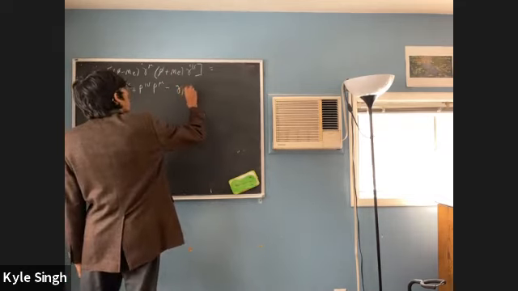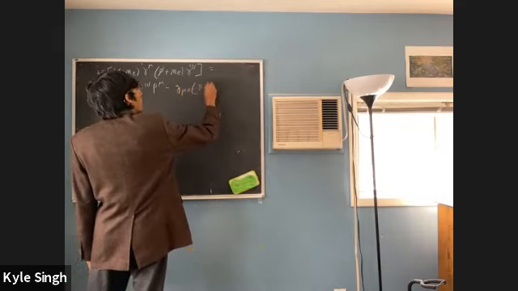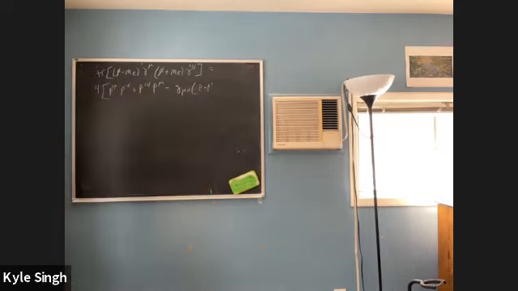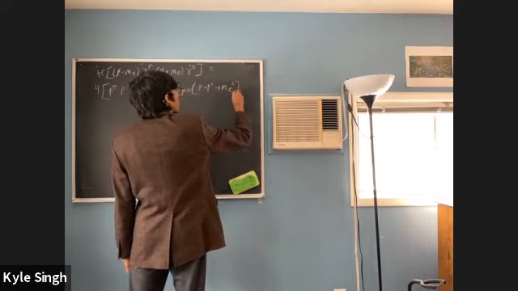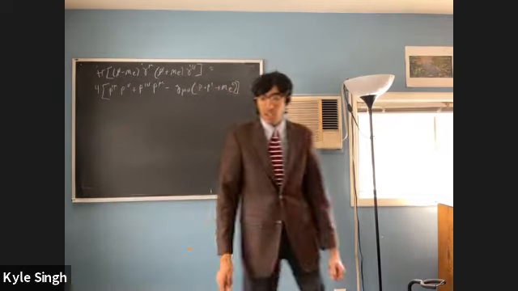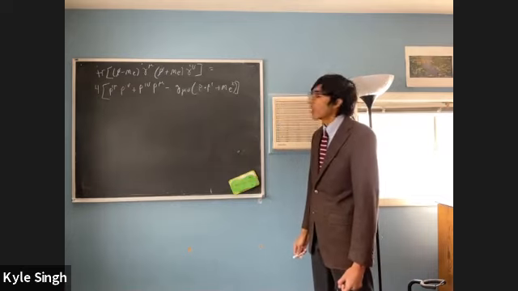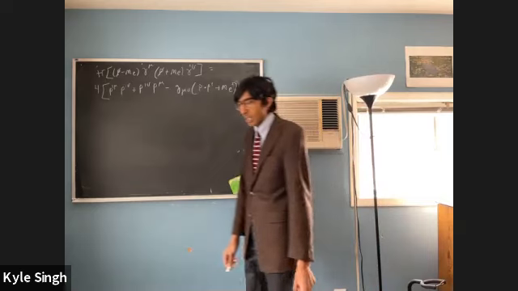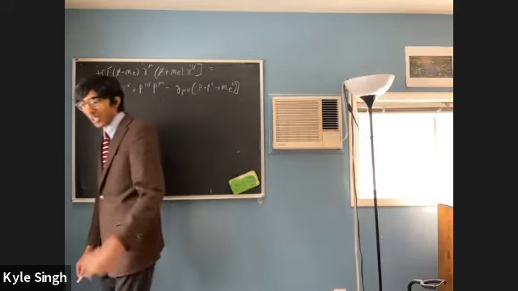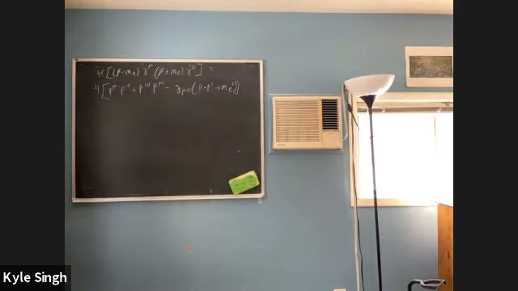Minus g mu nu p dot p prime plus m_e squared. Okay, and this is just basic algebra and manipulation of the rules, which you work out on your own and verify.